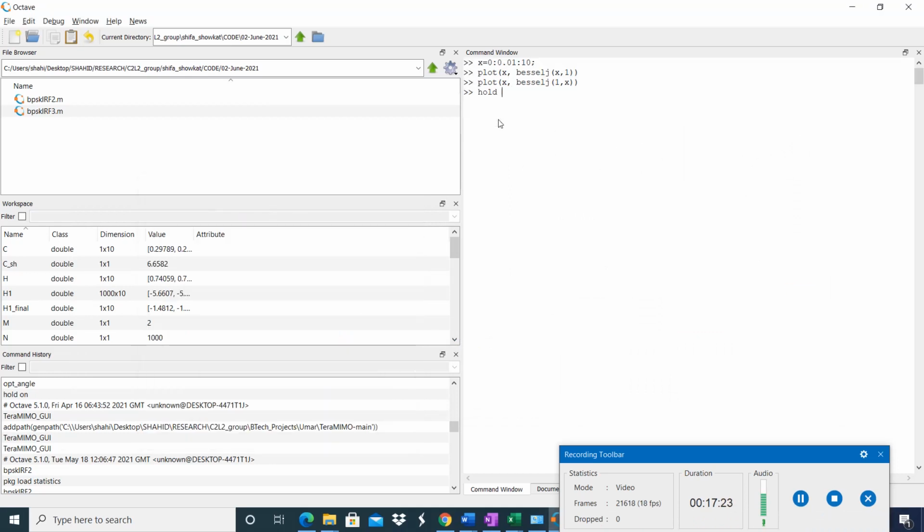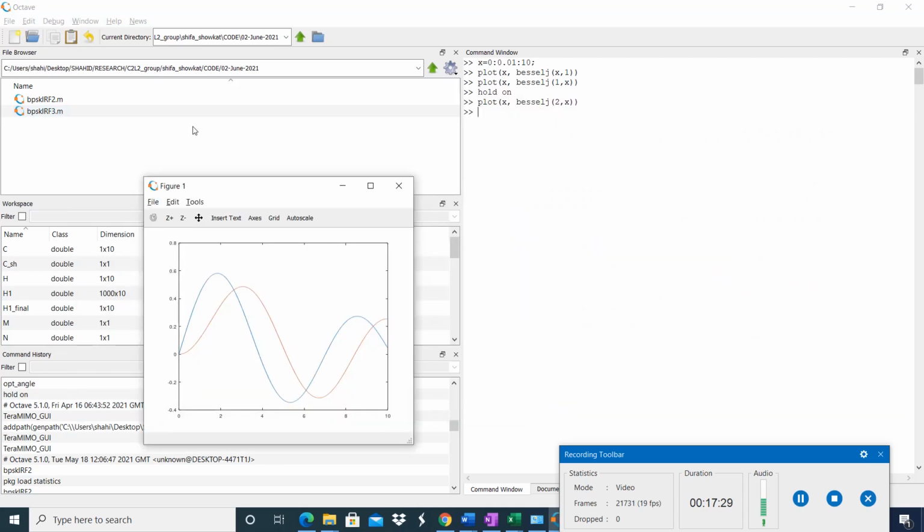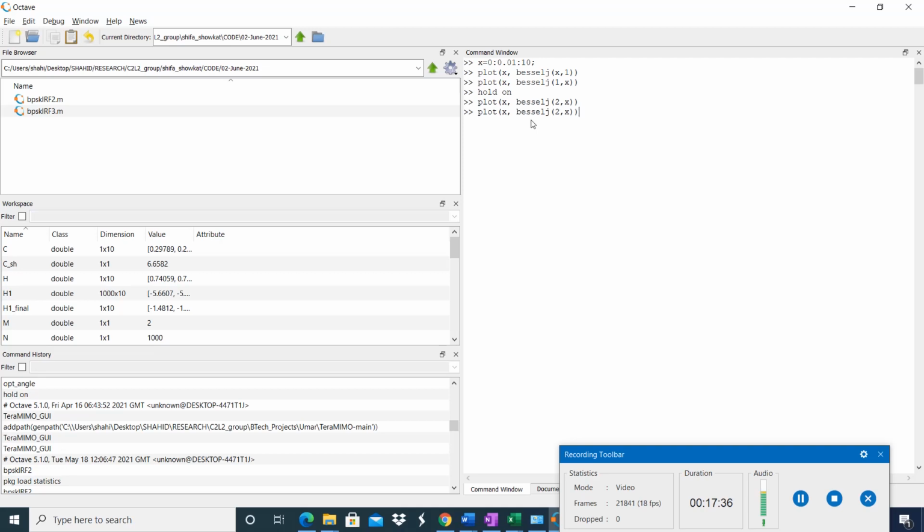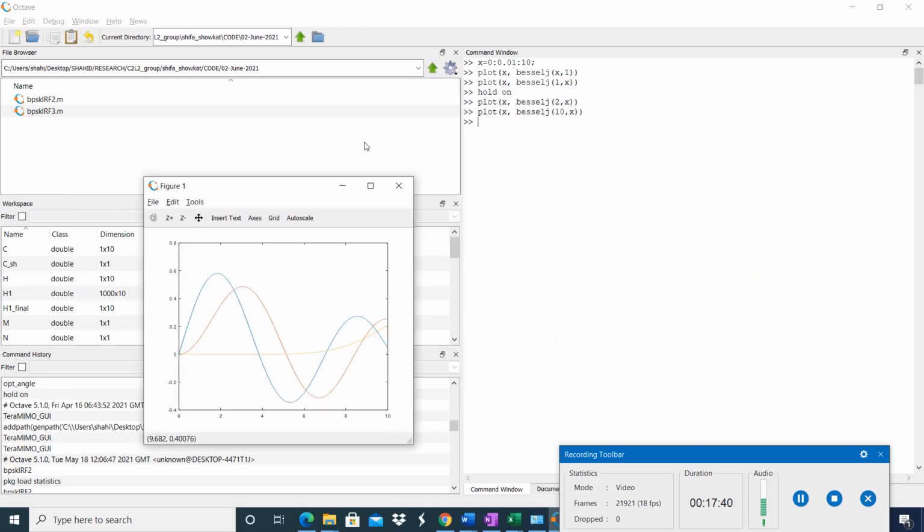Now let me hold on and give 2. This red color is now n equal to 2. You can see the amplitude has decreased. And if I directly give, suppose, 10, let me expand it.